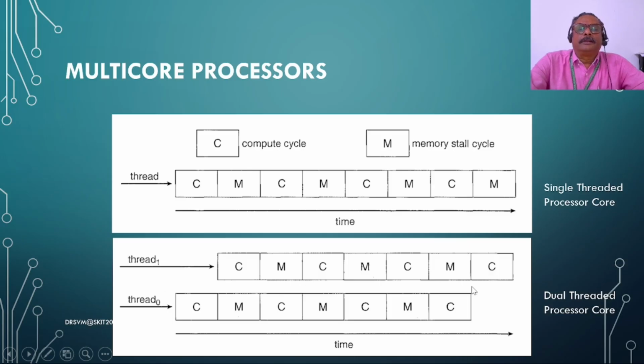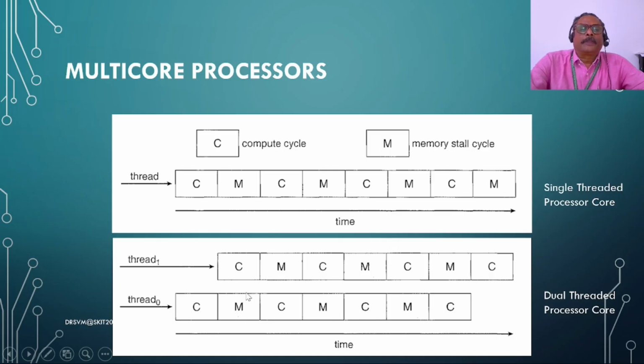If you look at it, the process will never stop, whereas in the previous case the process came to a halt whenever a memory access was required. Whenever memory access is required, that thread continues to wait for the memory. By that time another thread takes up the next task and continues the work, and when that thread needs memory access, the first thread comes back, takes control and continues.